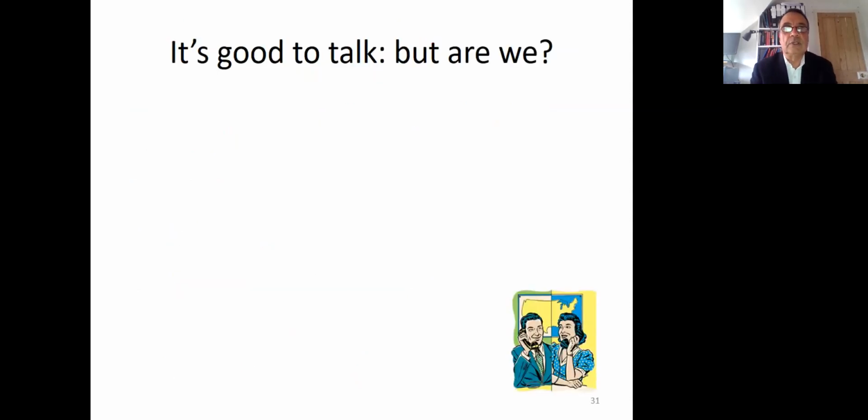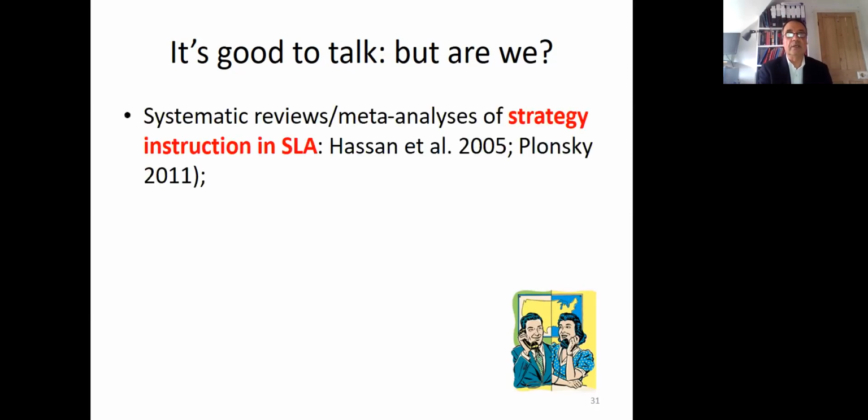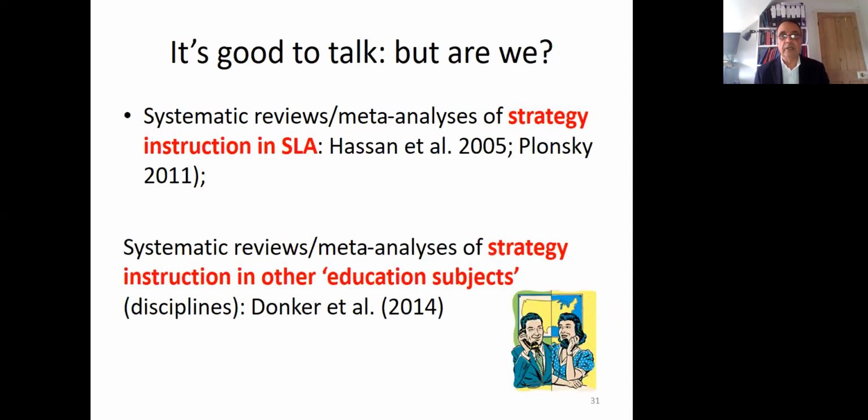I've labeled this slide, "It's good to talk, but are we?" And what I'm trying to say here is that we've done systematic reviews and meta-analyses of strategy instruction, and as I've said, they have tended to be reasonably favorable. And other people, in the subject disciplines, particularly in science, have done systematic reviews of strategy instruction in other education subjects.